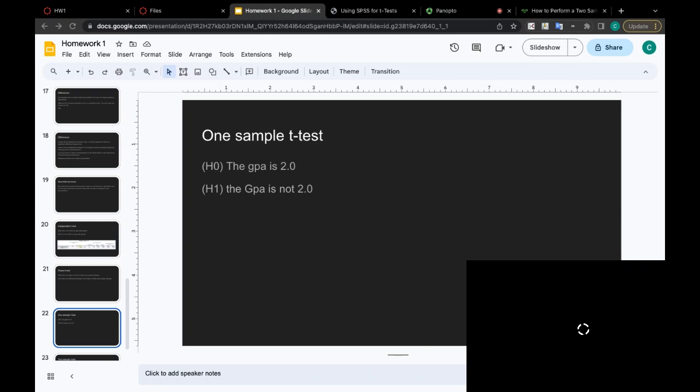It shows that even the lower end and the upper end, there's still going to be a bunch of differences between 2.0 and 3.1. So it shows that yes, there is a significant difference, so our null hypothesis will be rejected.